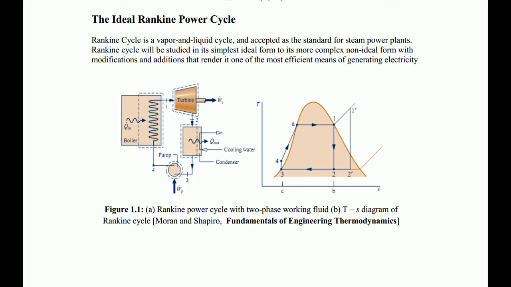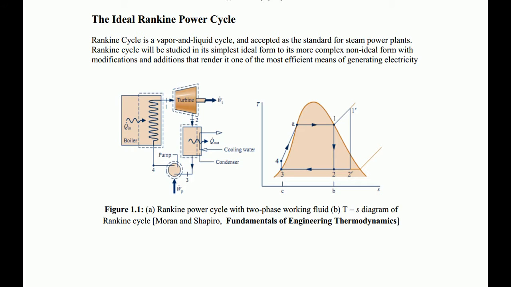You can see here is the TS diagram and a schematic diagram. Here we have a boiler. What is a boiler? Boiler is actually a steam generator which converts water into saturated steam. Saturated steam, what it means, a saturated state of vapor.